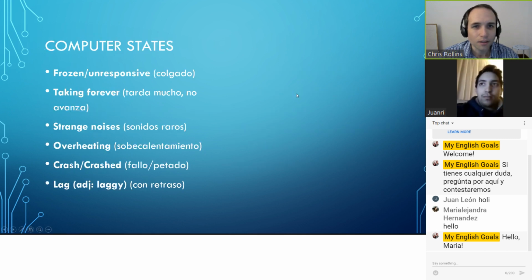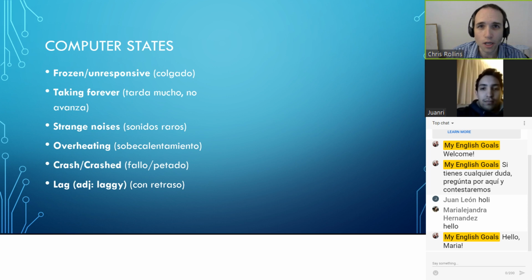Let's continue. Some common computer states that we run into with problems. For example, cuando está colgada la pantalla que no mueve nada, we say that it is frozen. The screen is frozen and it's unresponsive. Y cuando está tardando mucho, no avanza, it's taking forever to load the page.